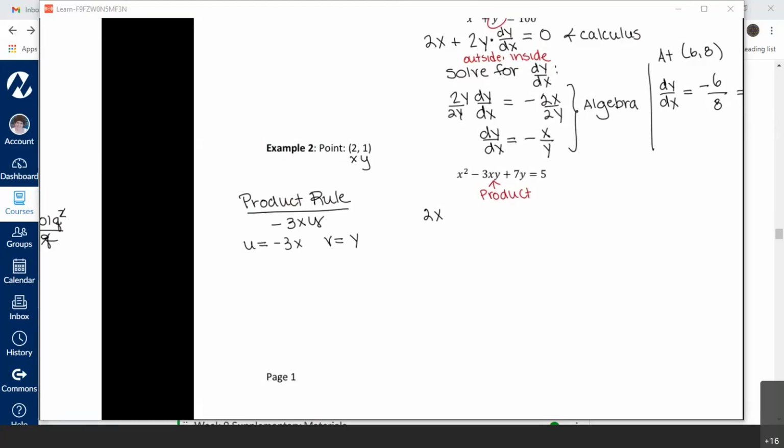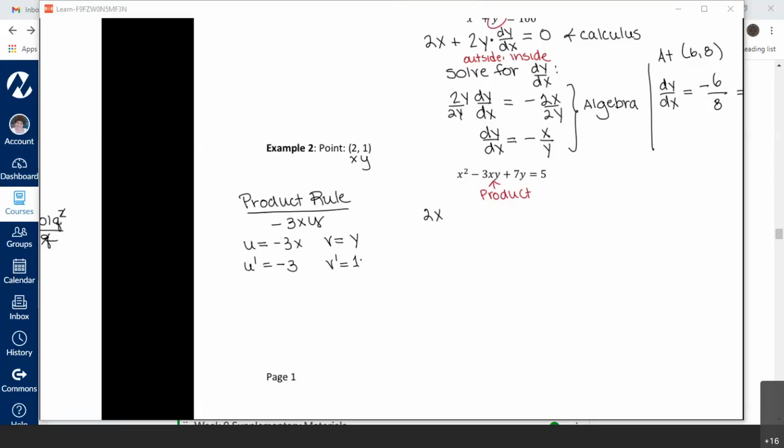It's easier. So u prime is negative 3, because that's just differentiating with respect to x like normal. And again, for v prime, I've got the y. The derivative of the outer function is 1. That's the derivative of y.